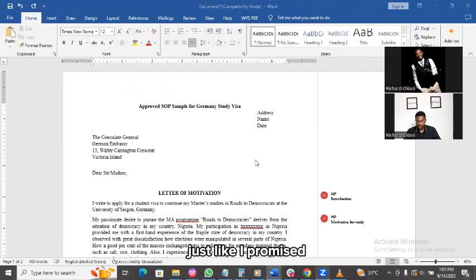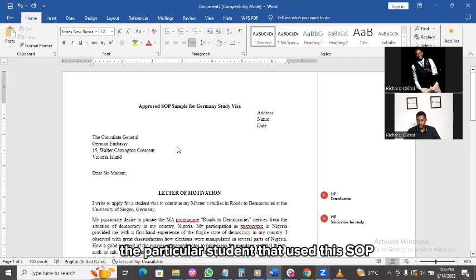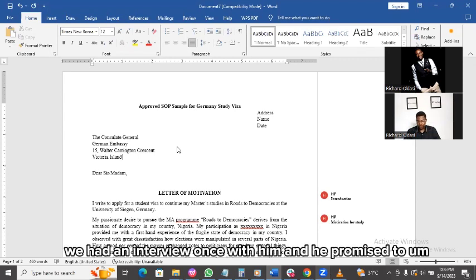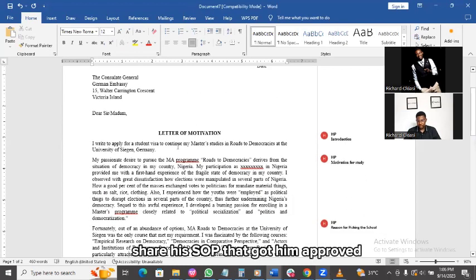Just like I promised, here is a sample of a Germany Student Visa SOP that got approved, right? The particular student that used this SOP, we had an interview once with him, and he promised to share the SOP that got him approved.